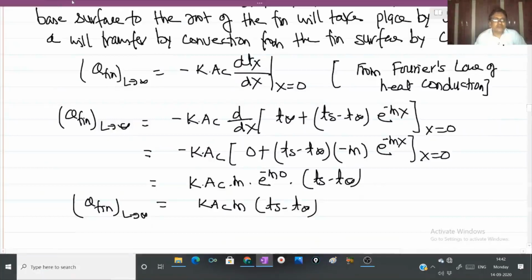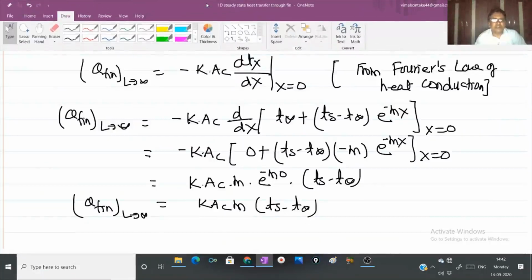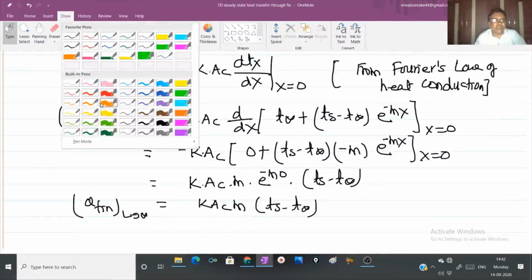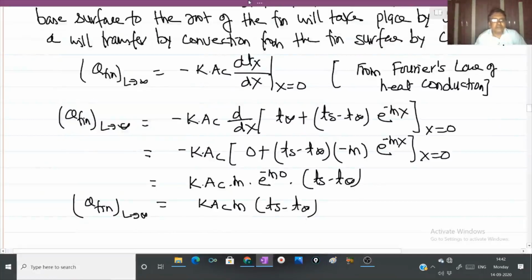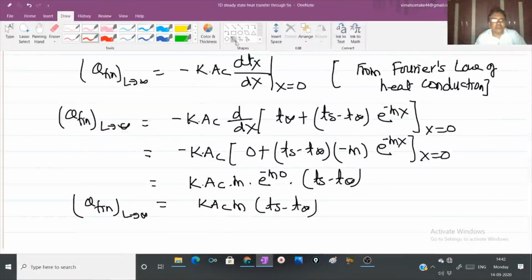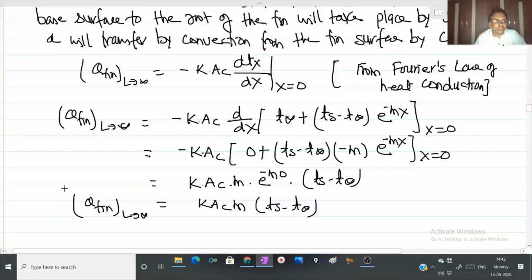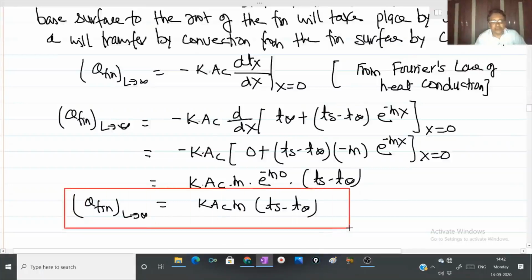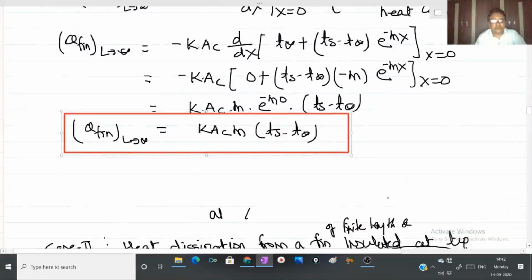So this is the required expression of heat transfer by fin of infinitely long length when it is attached to the base surface. So this way we can solve for case 1.